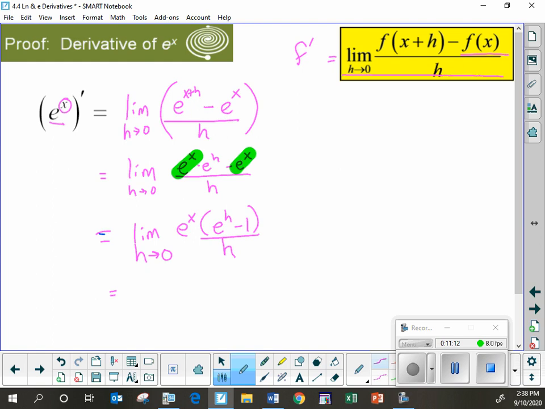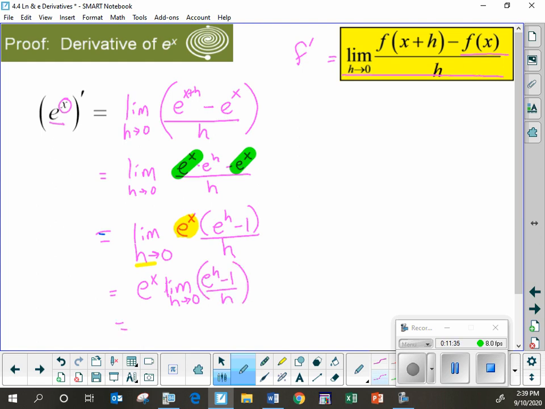I can bring this out front because h is going to 0, x is unaffected, so by the product property of limits, I can bring that out front and be sitting with the term that does involve h here.